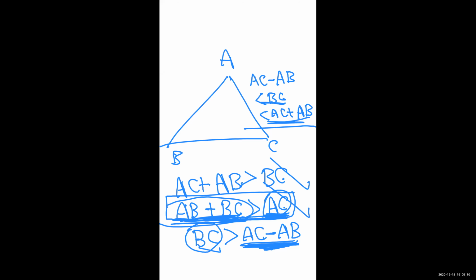Then the next point, guys. If we want to check about the possibility of three sides, if they can form a triangle or not, we can do it as follows. How?